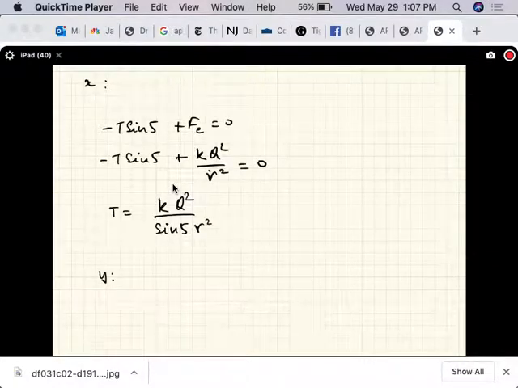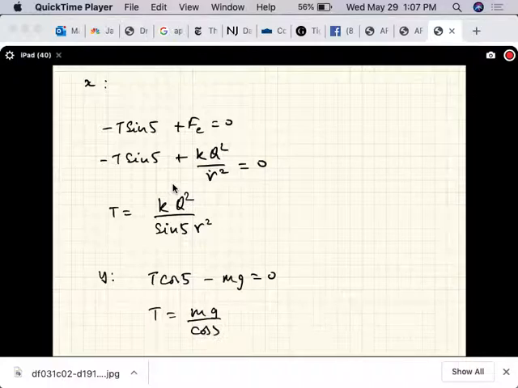So T cosine phi minus mg equal to 0. The x component gives us this and the y component gives us that. Let's equate the two.